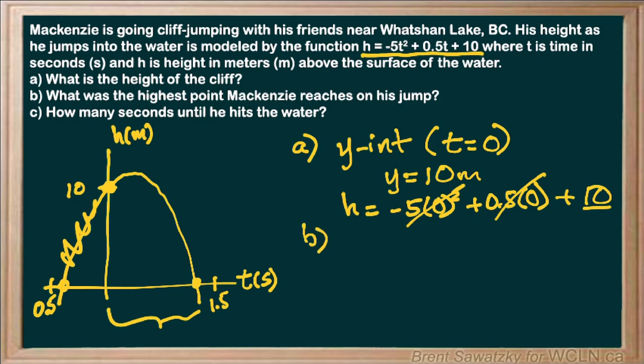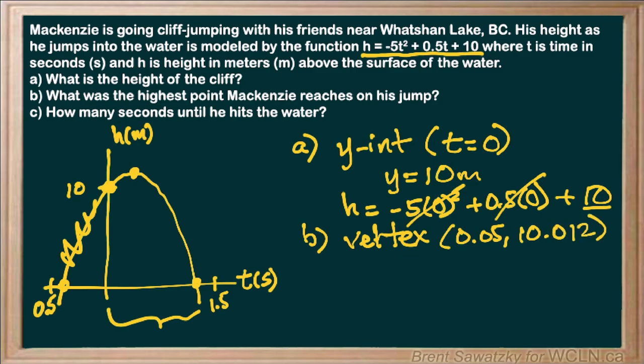In part B, we're asking what is the highest point that Mackenzie reaches? Now the highest point is right there. In other words, he jumps up as he jumps over the edge, and so he gets a little bit higher than the edge of the cliff before he starts falling down. And so we can say the vertex is at, and if we click on it on Desmos, it'll tell us 0.05 and 10.012.